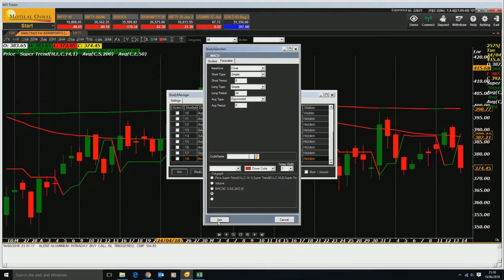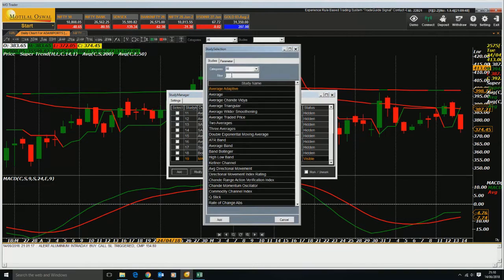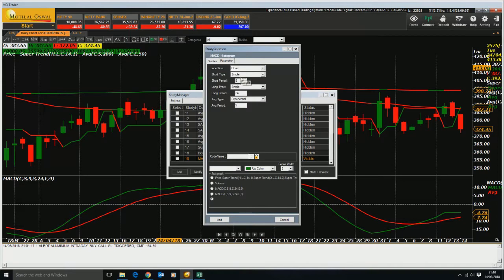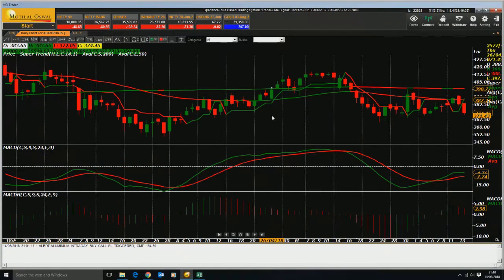I add it. Now I add one more thing, which is the MACD histogram. So I click on add and go to the MACD histogram, same settings, 9, 24, 9. Add. So this is the simple system which I am going to follow for this talk.